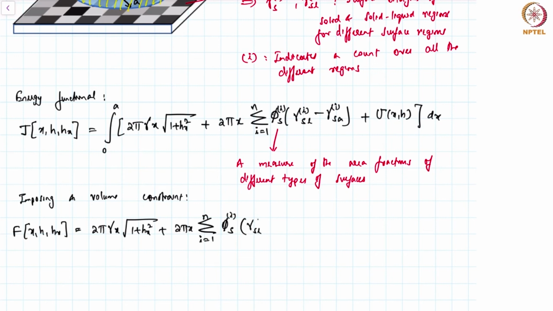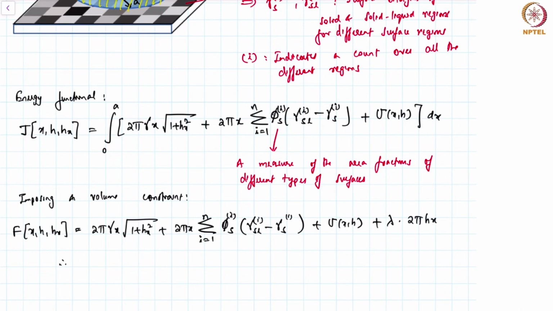For each i, there is a difference in the surface energies. This is, I'll just call it as gamma s, plus u of x comma h. Now we have a Lagrange multiplier lambda times 2 pi hx.